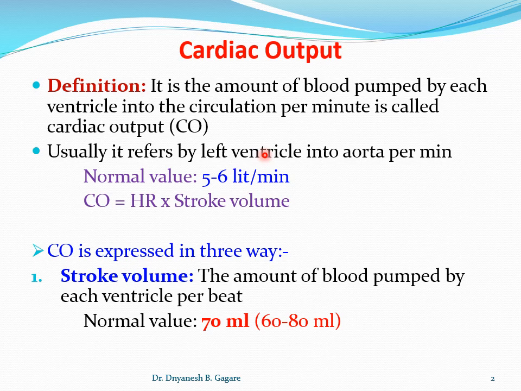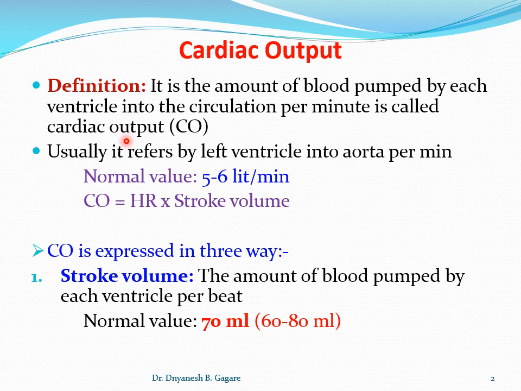First, what is cardiac output? Definition is very simple, students. It is the amount of blood pumped by each ventricle into the circulation per minute is called cardiac output. Very simple definition.